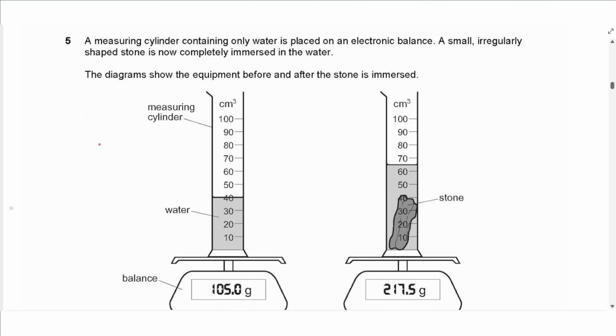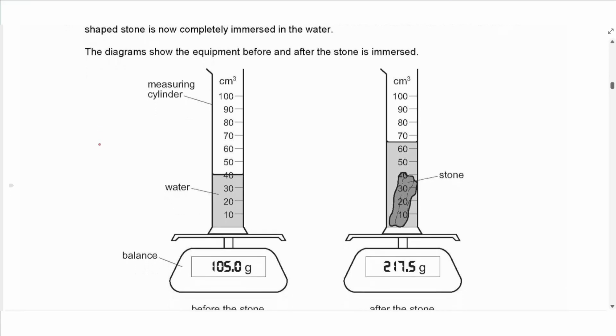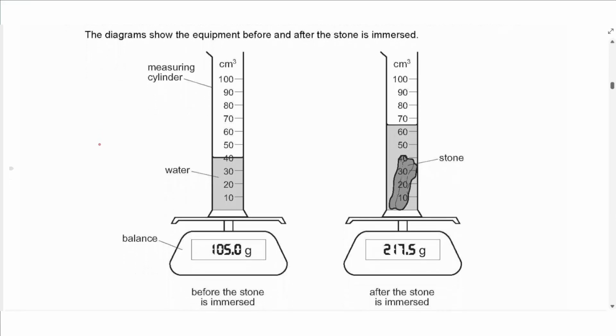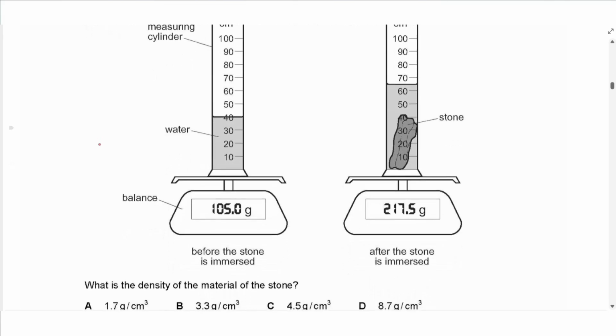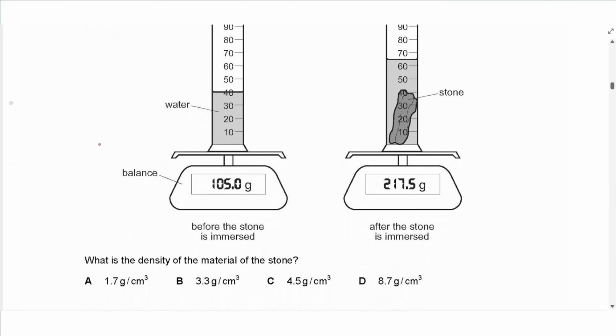Question 5 says a measuring cylinder containing only water is placed on an electric balance. A small irregularly shaped stone is now completely immersed in the water. The diagrams show the equipment before and after the stone is immersed. So we have the readings of the measuring cylinder and the balance. What is the density of the material of the stone? So for the stone, we need the change in mass. So we calculate the mass added by the stone, and the change in volume.